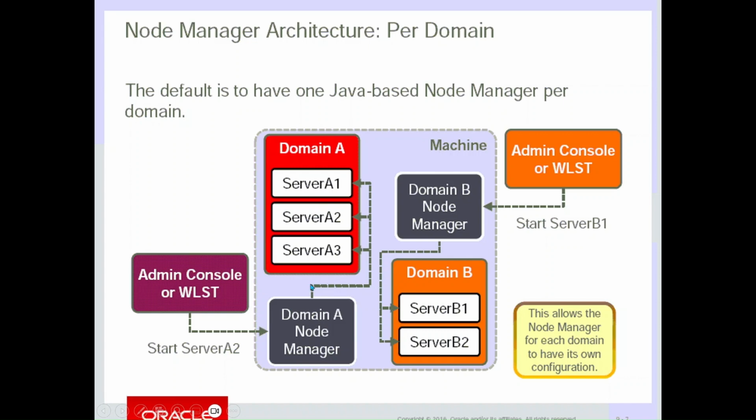So we have domain A and domain A has Node Manager A as well. Similarly, domain B has Node Manager B, and all the operation or control of the managed server will be done by its own Node Manager, and this Node Manager has its own configuration.